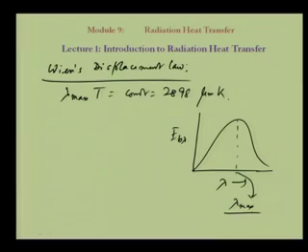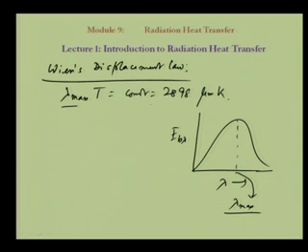This lambda max multiplied by the temperature at which this is happening gives a constant value, called 2898 micrometer Kelvin.